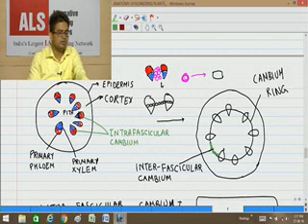The cambium ring becomes complete. This is what is happening.